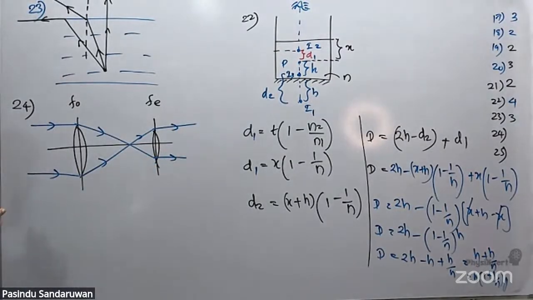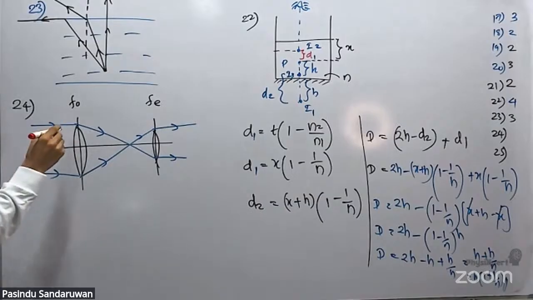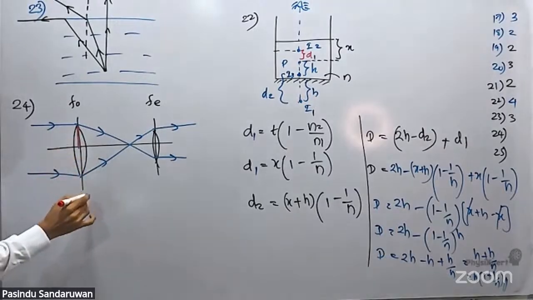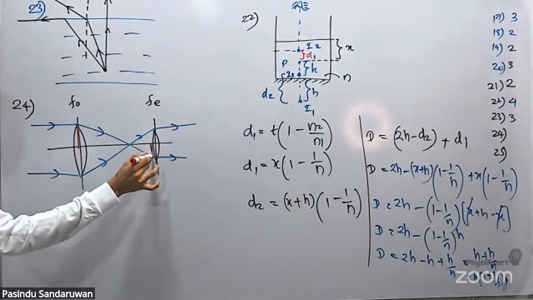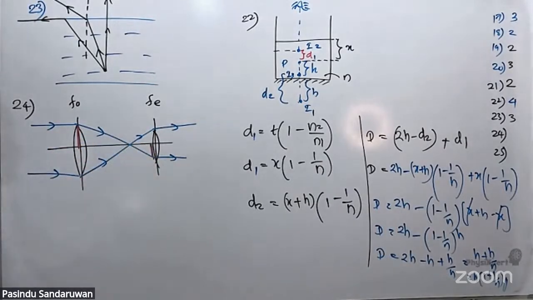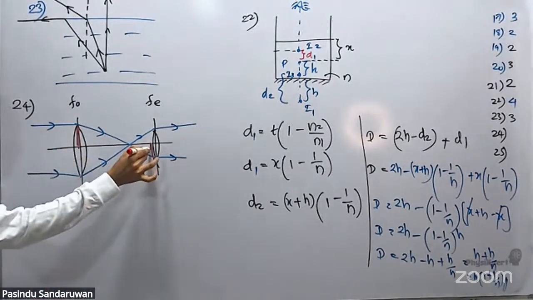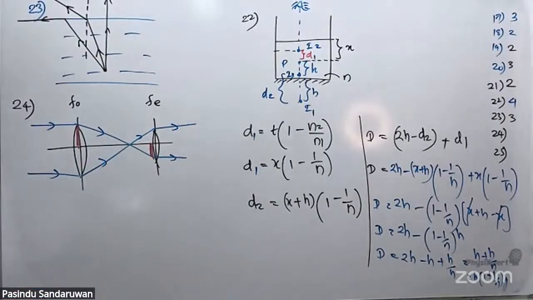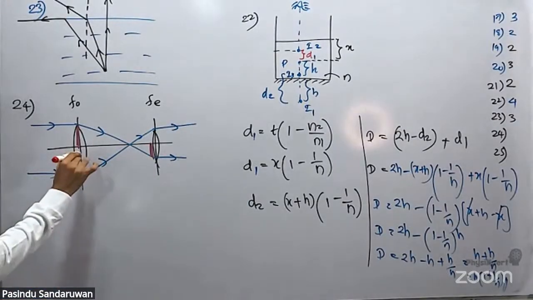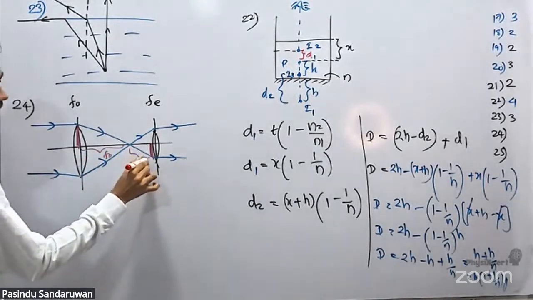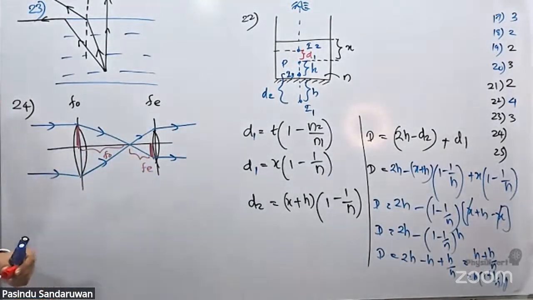Now here, it says a line is drawn. A line is drawn like this here, and that line is imaged here. So we know the distance from here to here is the focal length of the objective, fo, and the distance from here to here is fe, the focal length of the eyepiece.